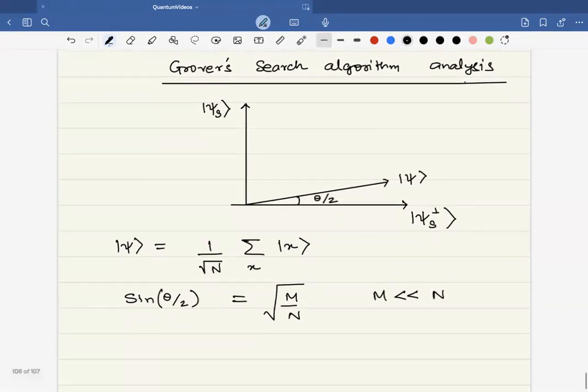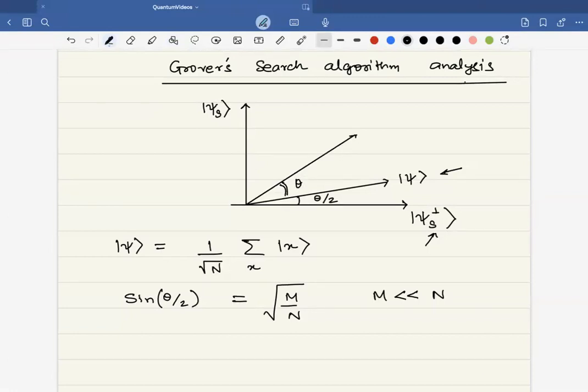And the Grover operator is a combination of two operators, one which reflects about this vector, and the second one reflects about this, resulting in a rotation. And so in every iteration, we move the vector by angle theta towards the solution space. So this is angle theta, right?